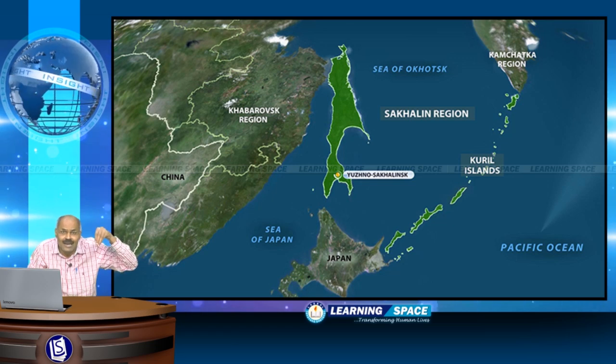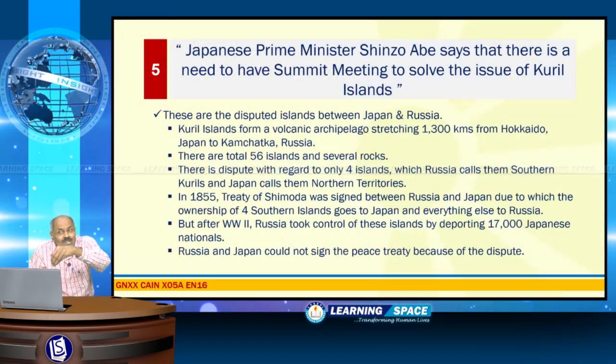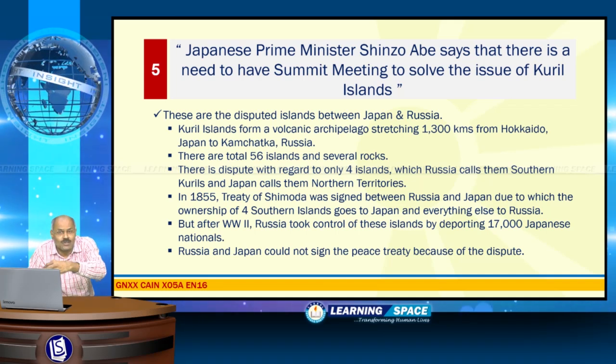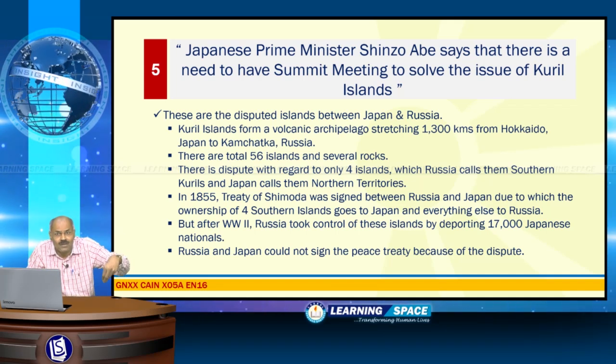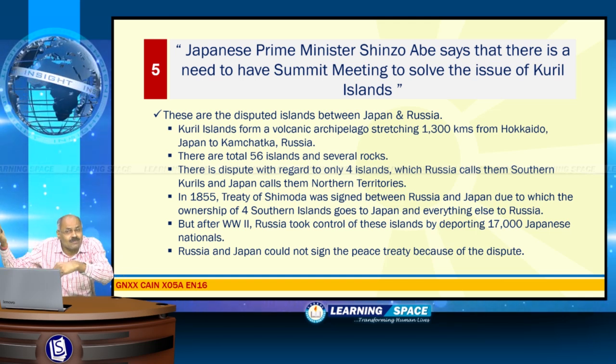And in the year 1855, Treaty of Shimoda was signed between Russia and Japan, due to which the ownership of these 4 islands will go to Japan and remaining islands will go to Russia.